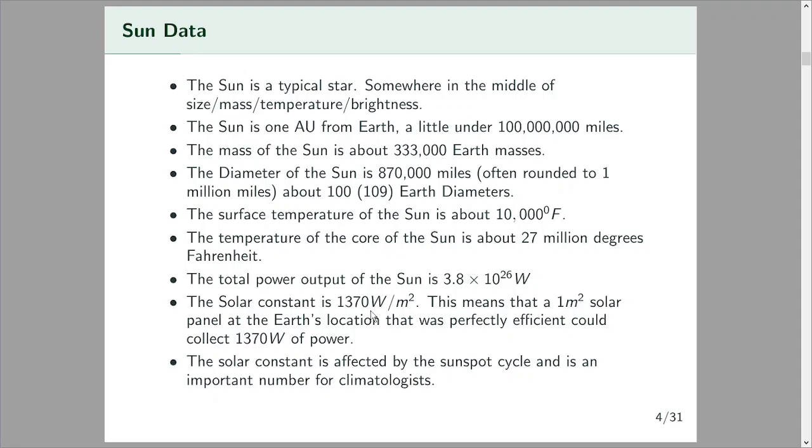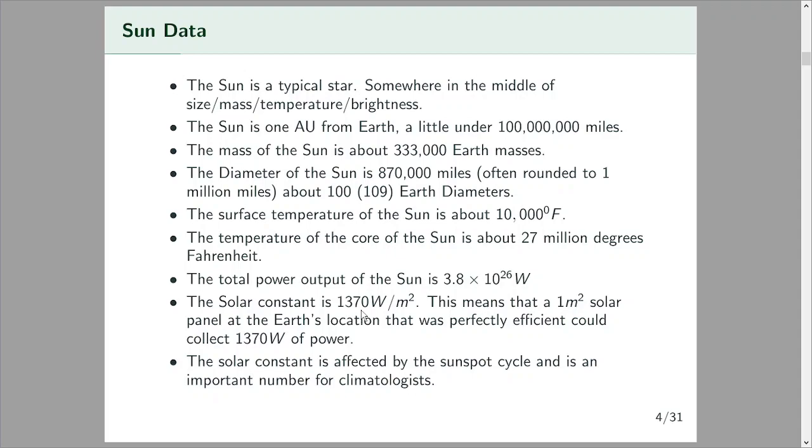So if you put up a solar panel and collected sunlight to power your house, and you were able to get every little bit of energy out of that light, in other words none was reflected and none was lost due to inefficiencies, you would get 1,370 watts per square meter. So if you had a house that needed 20,000 watts, you'd need maybe 17 solar panels or something.